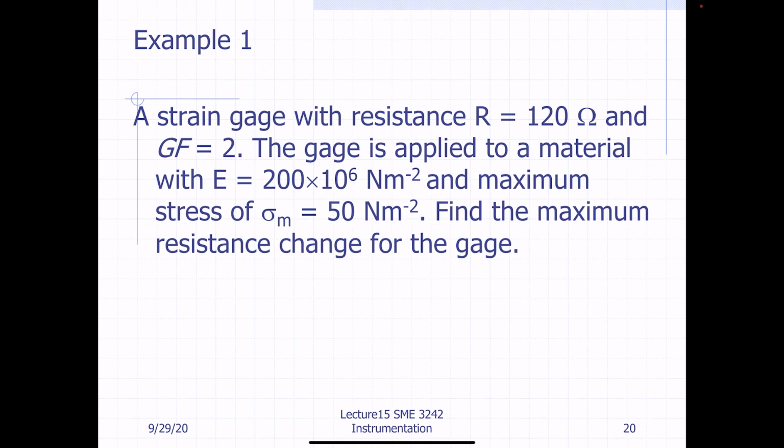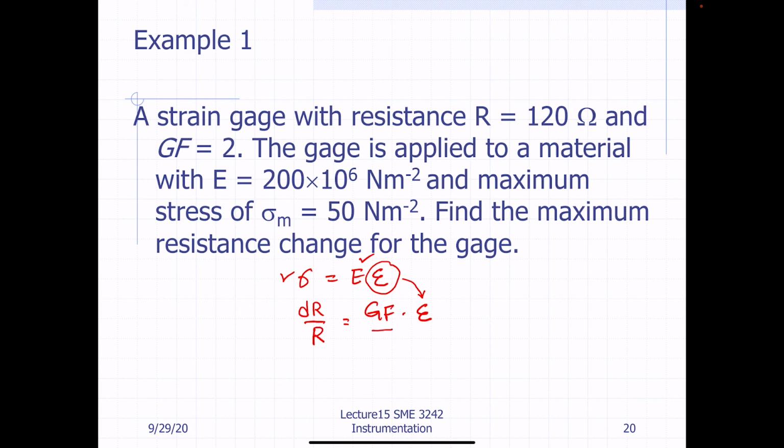The first equation is that stress is related to Young's modulus and strain. Then from there we can calculate change of resistance equal to gauge factor multiplied with strain. We have the stress and the Young's modulus, so we can calculate the strain. Once we get the value of strain, we put it into this equation, multiply with the gauge factor, then we get the change of resistance.